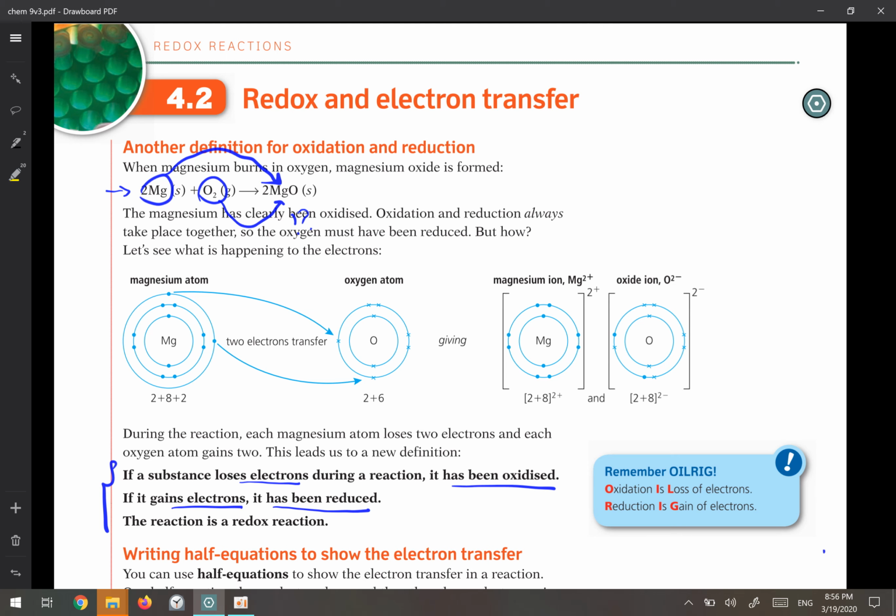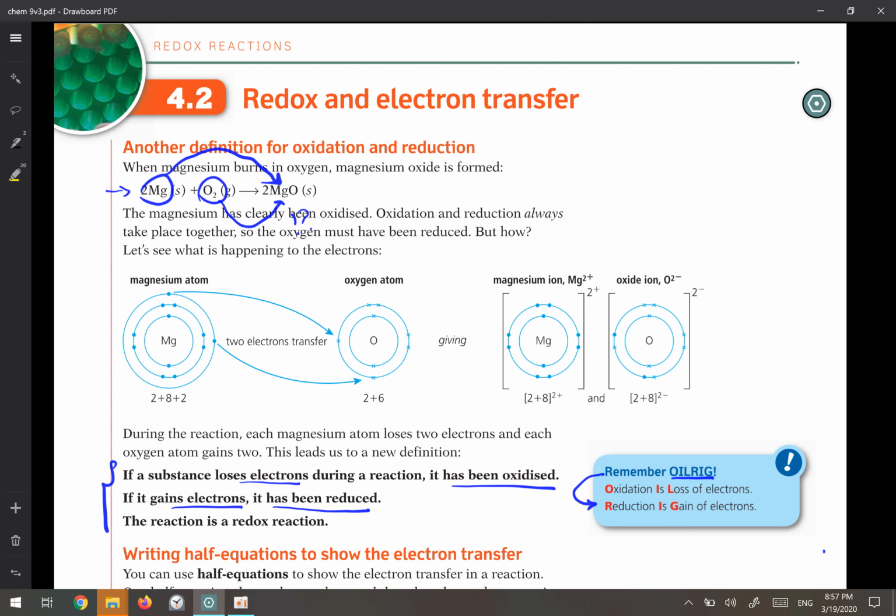To remember that, you can remember OIL RIG: oxidation is loss of electrons, reduction is gain of electrons.